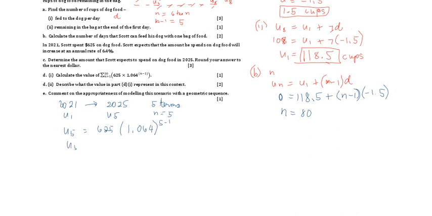So our u sub 5 is equal to $801. So this is for letter C.